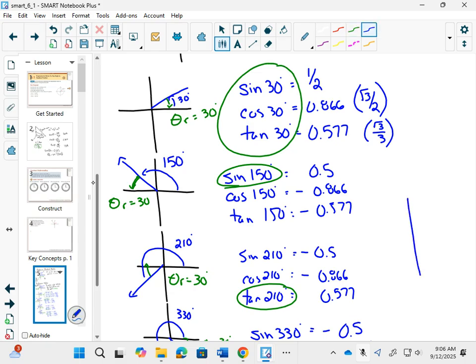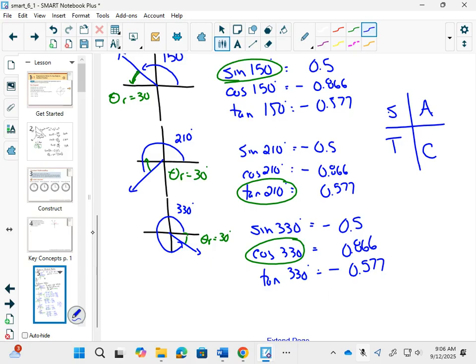This is what we call the CAST rule. The CAST rule's connected to reference angles, but the CAST rule gives us a letter and says, in quadrant 1, all of them. In quadrant 2, only sine. In quadrant 3, only tangent. And in quadrant 4, only cosine.